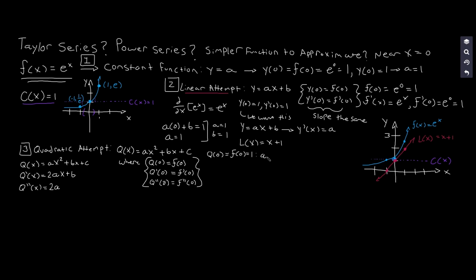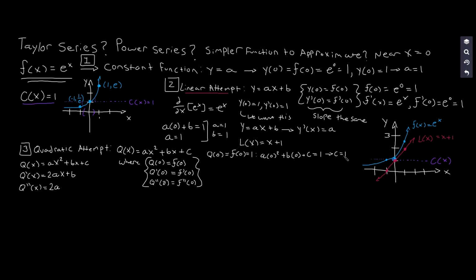Then we'll plug in for 0, so that would mean a times 0 raised to the second power plus b times 0 plus c equals 1. And then that's just going to give us c equals 1.